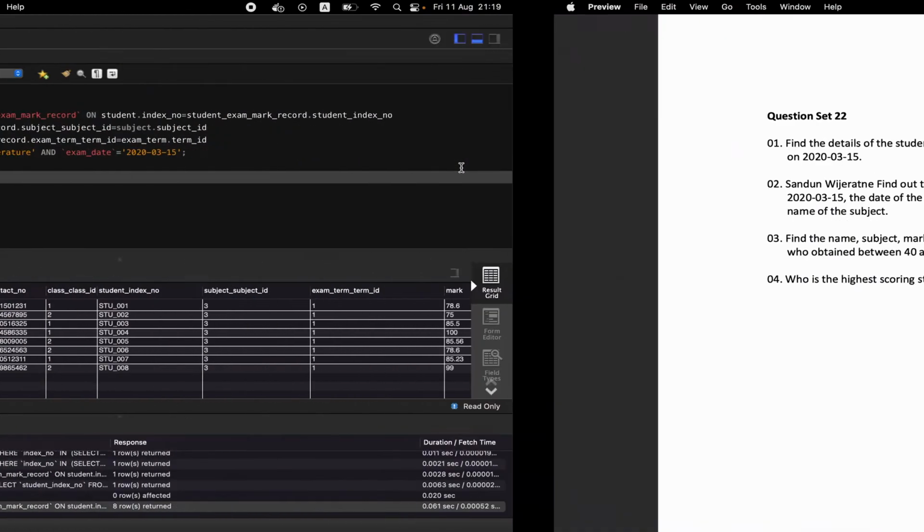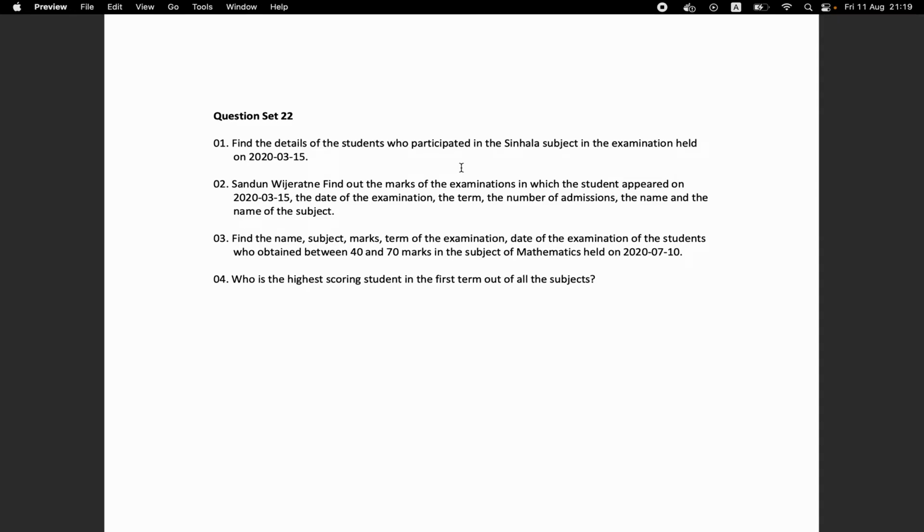The second one is: Theshan Weerakkody, find out the marks of the examinations in which the student appeared on 2020 3rd 15th, the date of the examination, the term, the number of admissions, the name, and the name of the subject.